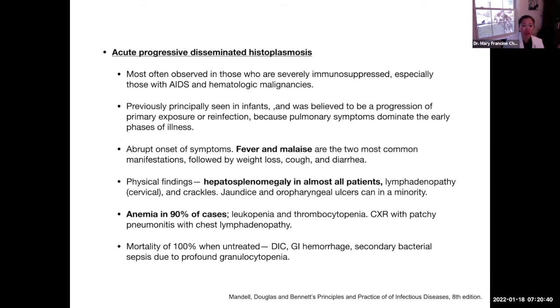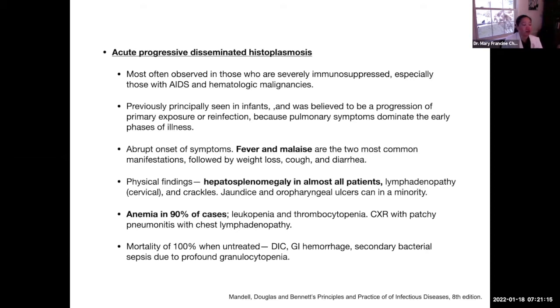So again, for the acute progressive disseminated histoplasmosis, these occur in patients who are very or severely immunosuppressed. So those with AIDS, hematologic malignancies, and those who use TNF-alpha antagonists. Before the advent of other immunosuppressive medications or biologics, TNF-alpha inhibitors, other immunosuppressive regimens, this was actually previously principally seen in infants.